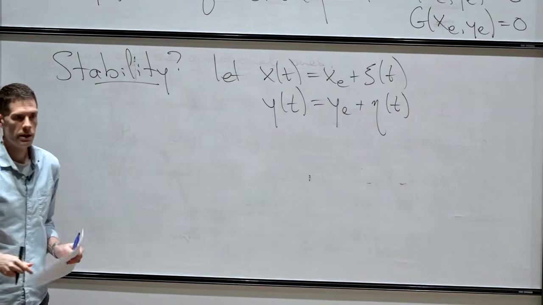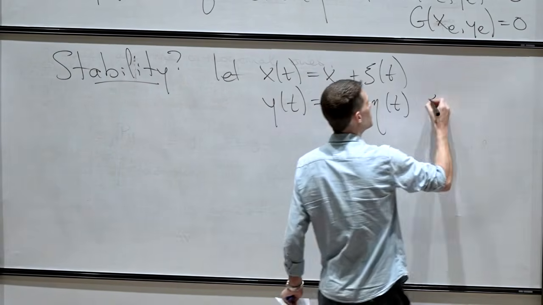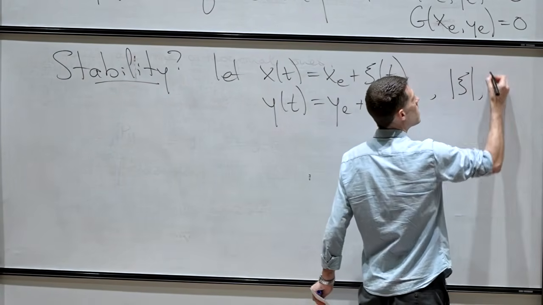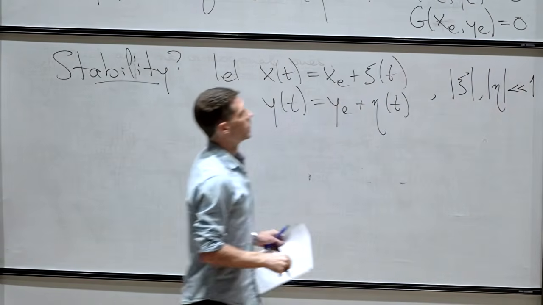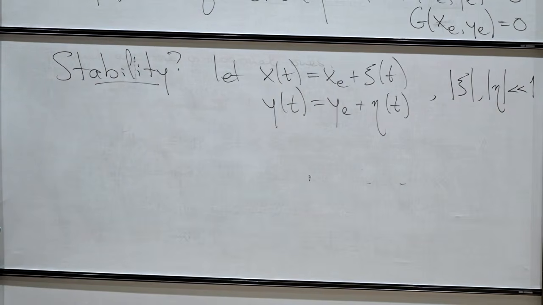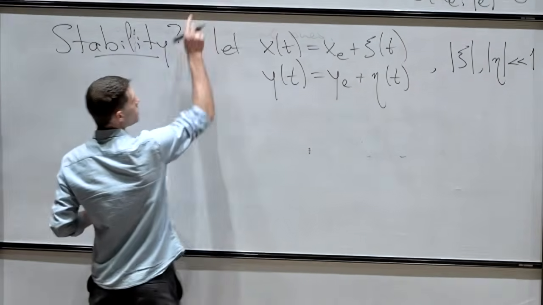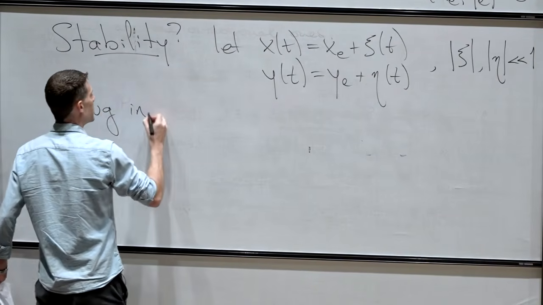Again, assume that each of these functions is small in magnitude. And same idea, I want to then plug those expansions into the governing equation, Taylor expand, and keep just the first terms that stay around. So plug in, expand.